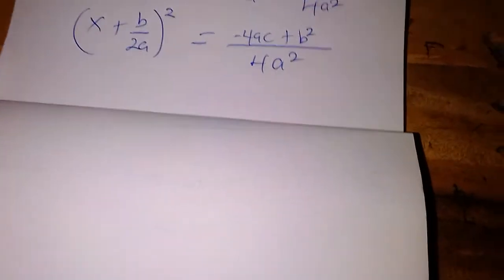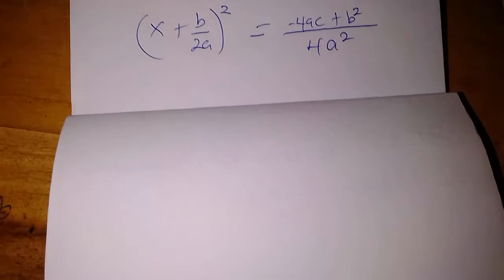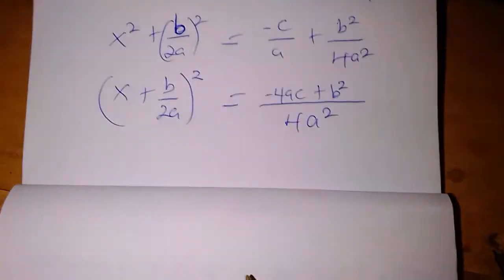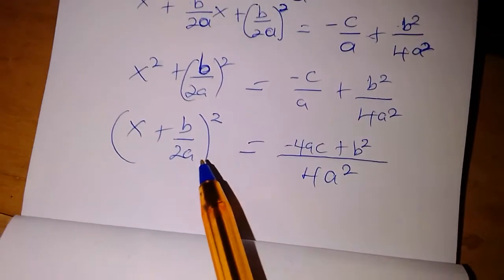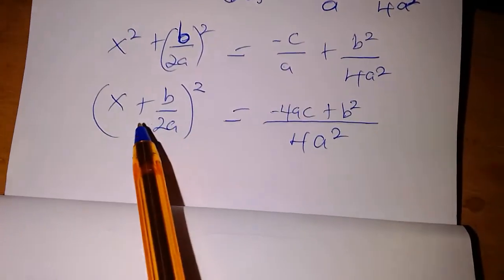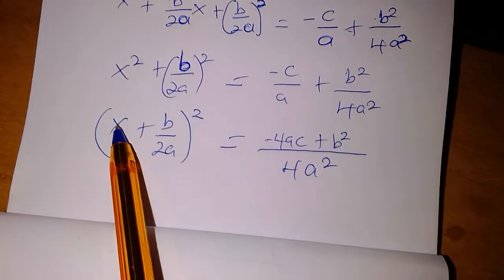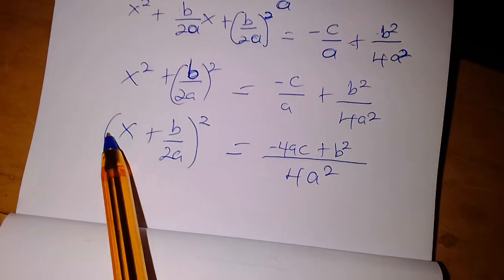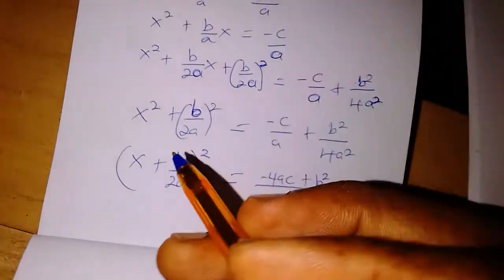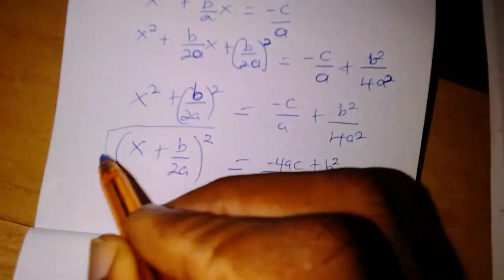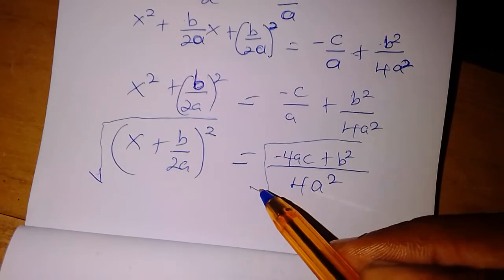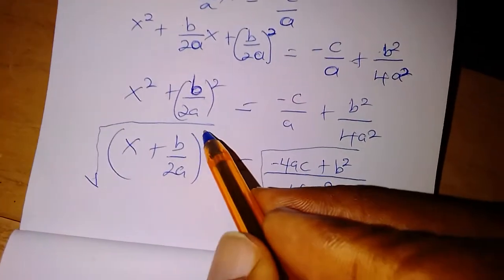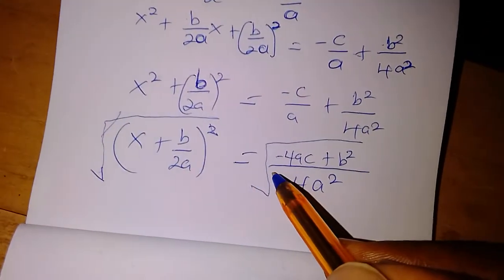The next step is to find the square root of both sides of the equation. The reason being that you want to make x the subject here. So you find the square root of this side and that of this side too. The whole of this expression in square root, then this side too, all in square root. This one in square root cancels the square, but this one will be plus or minus.